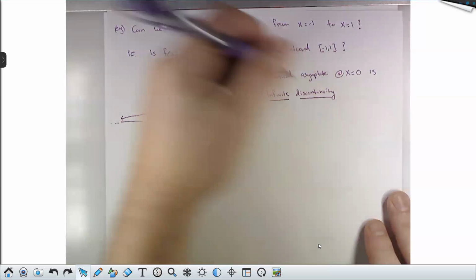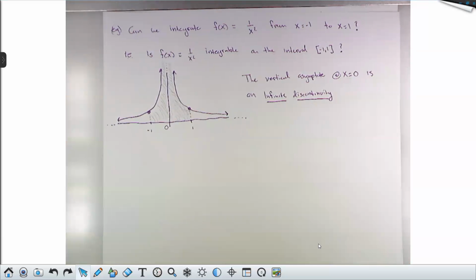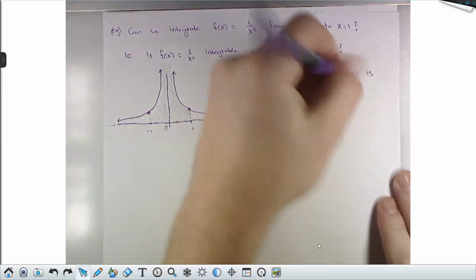And if you look at the definition of integrable on the previous page, it said that f is integrable as long as it has finitely many discontinuities and none of those discontinuities are infinite. This is an infinite discontinuity.